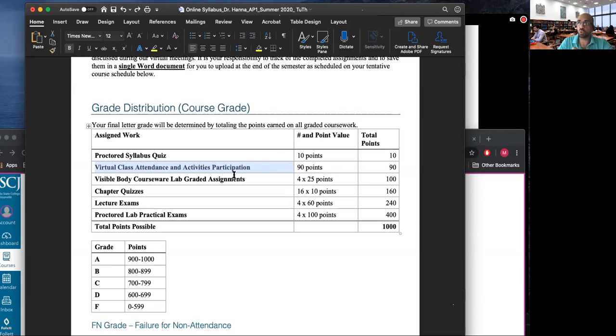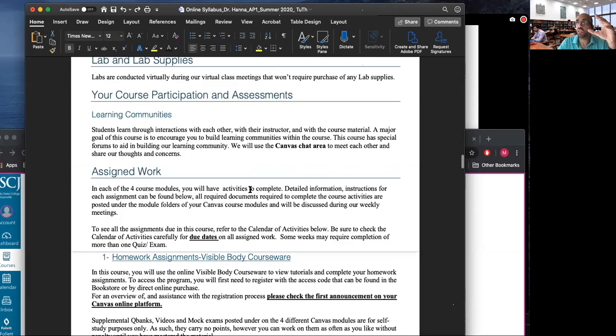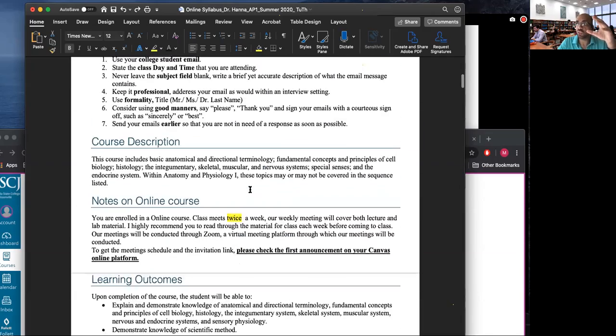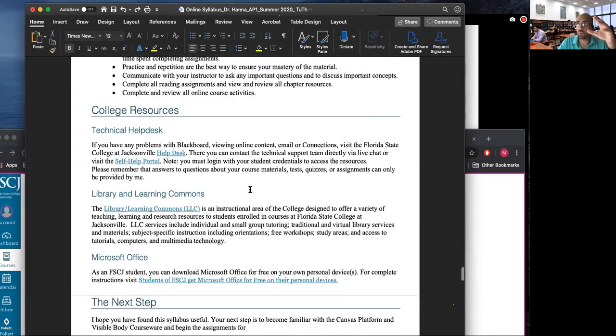The Visible Body courseware graded assignments are the ones that you're going to have access to after you complete the registration to the Visible Body courseware. You've got 4 lab assignments. Again, they are available for you to complete until the end of the semester, but in order to receive a full grade for those assignments, you need to get them completed before the due date on your syllabus.